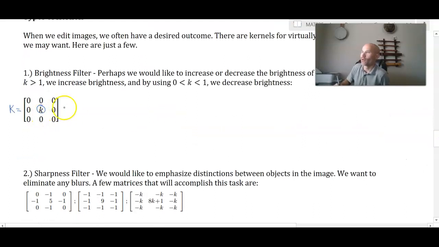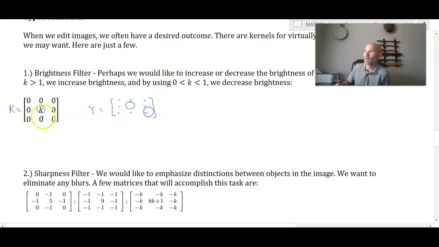So because we have zeros everywhere except here in the middle, that means in your image, whatever pixel values you have in the first row, the outer elements of the second row, and all elements of the third row in the Y image, the only pixel that's going to get affected is the one right in the center. Right?